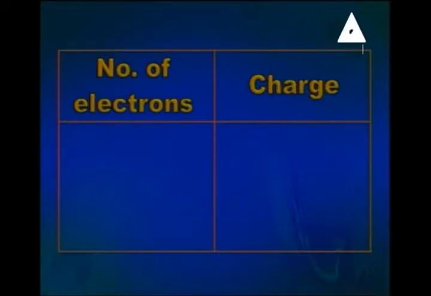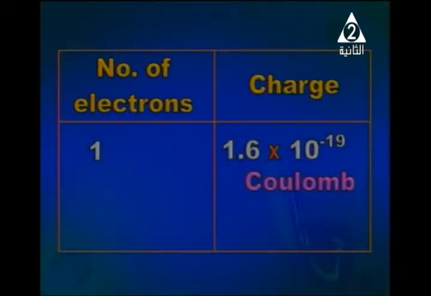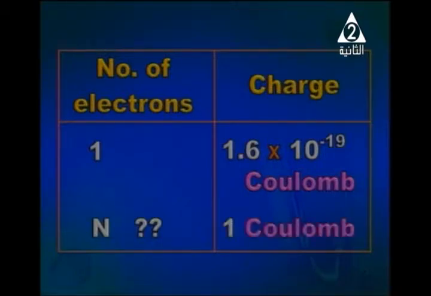The charge of 1 electron is equal to 1.6 times 10 to the power of negative 19 coulomb. And we want to know the number of electrons that carry a charge of 1 coulomb. It's all easy. It is 1 over 1.6 times 10 power negative 19.